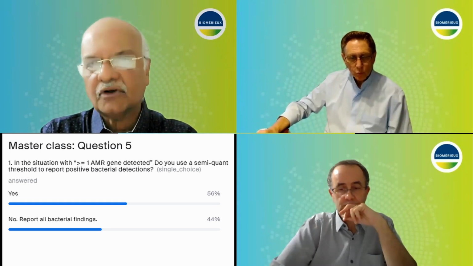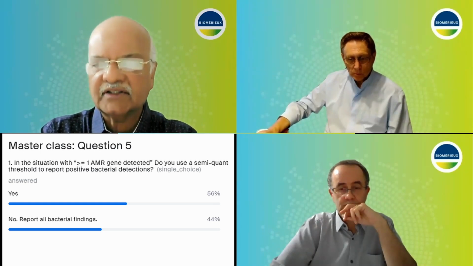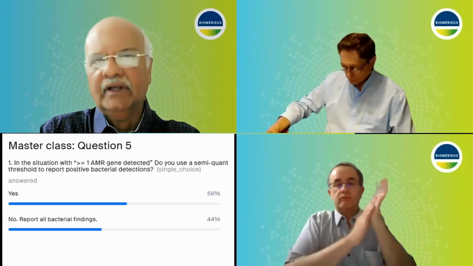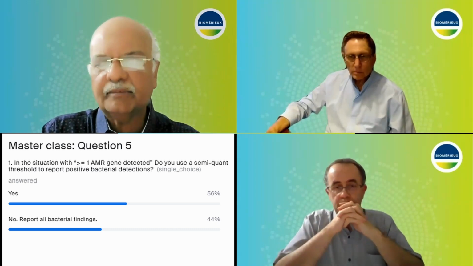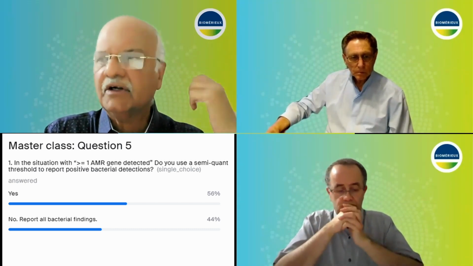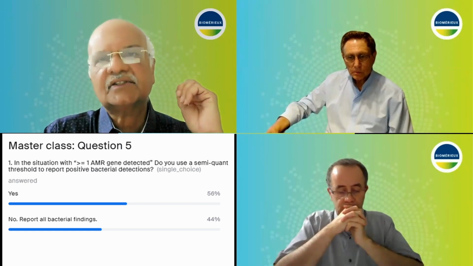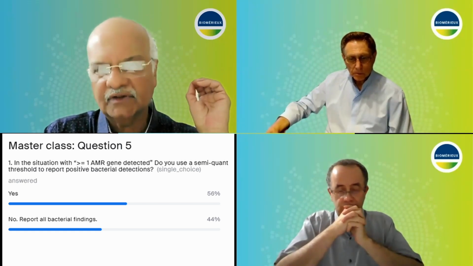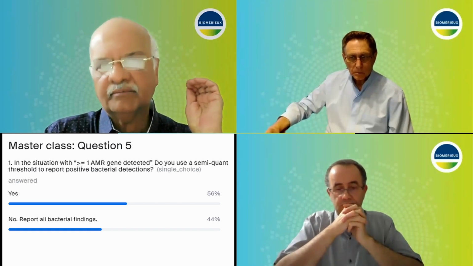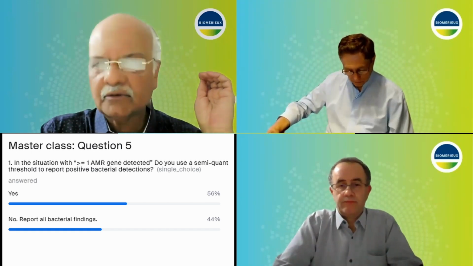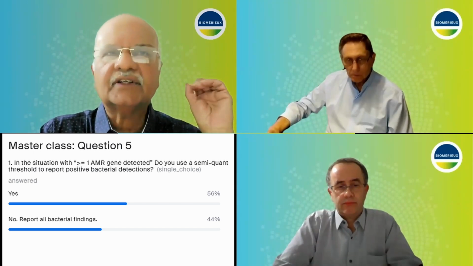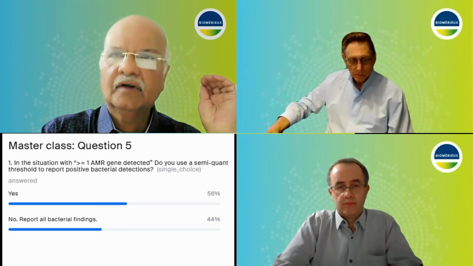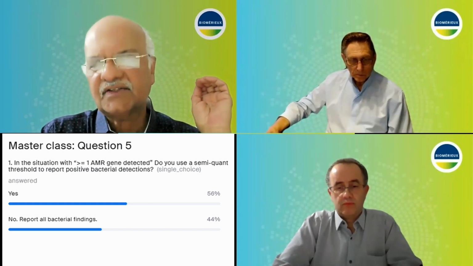And regardless of even if it's just a colonizer or it is a true pathogen, because that is going to impact that individual patient's treatment. But infection control practices would be regardless of whether it's a colonizer or a true invading pathogen. So that is a very important message. And again, coming to Stenotrophomonas, many of its resistance mechanisms are not captured by the PCR test.